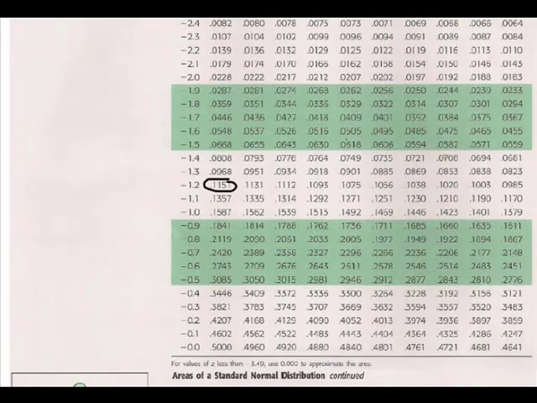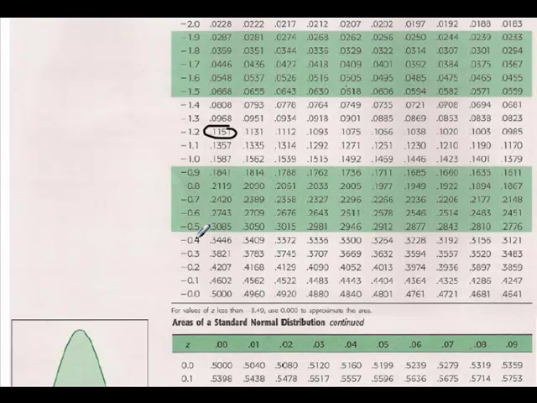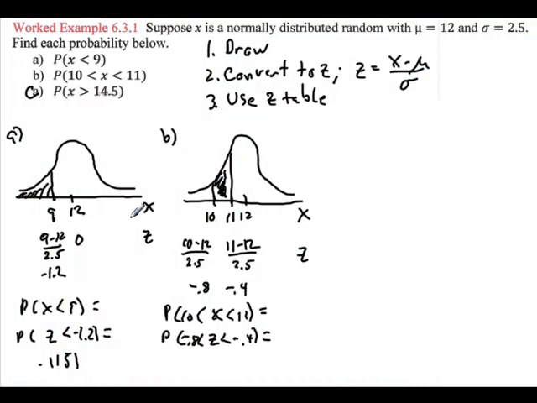Scrolling down a little bit. Minus 0.4, again, this one happens to be a 0, so we're going to stay in that first column, is 0.3446. And then we have to look up the probability corresponding to negative 0.8.